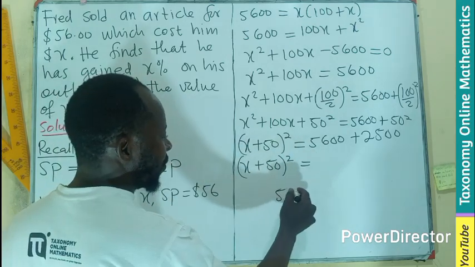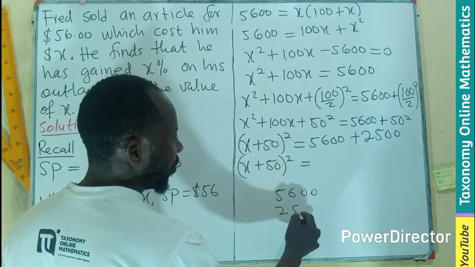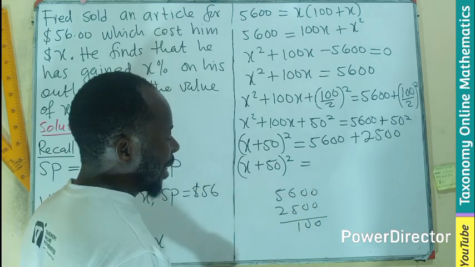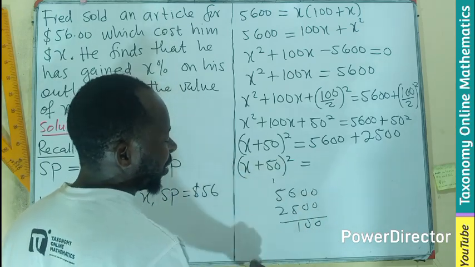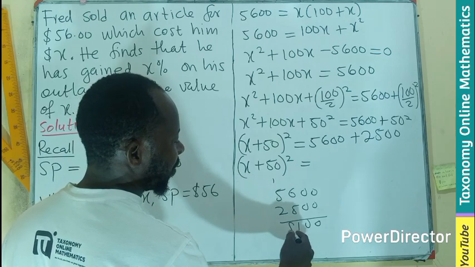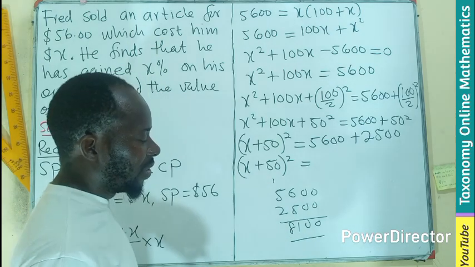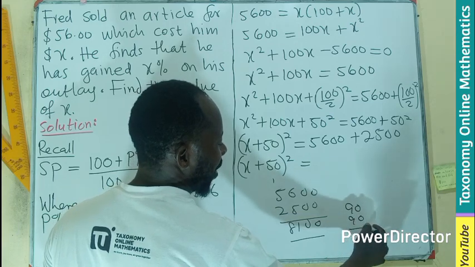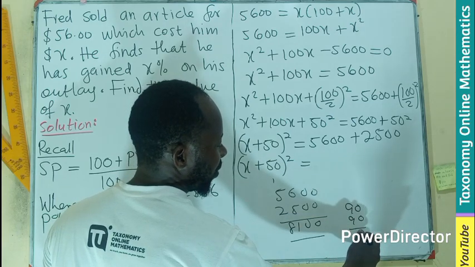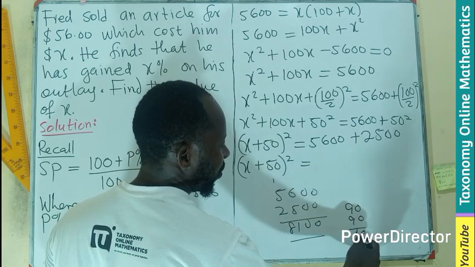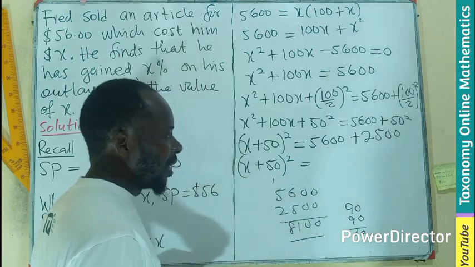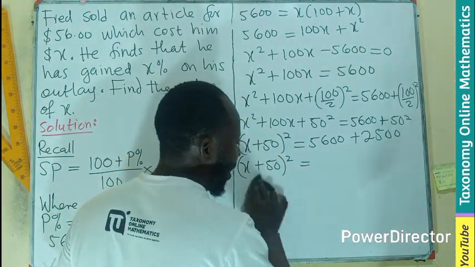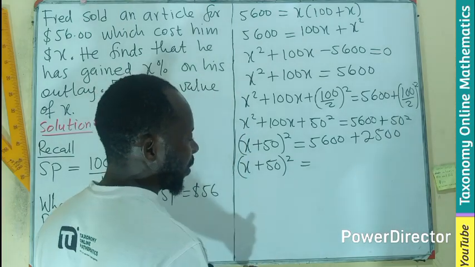Let's add 5,600 and 2,500. That is 8,100. I think that will be 90 times 90. So that will be 90 if we find that. So we can easily get our perfect square.